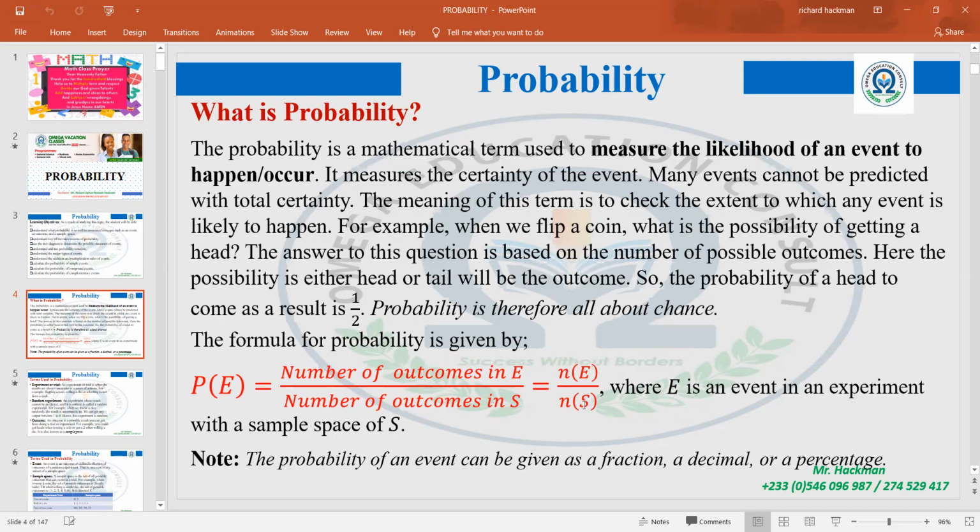S is the sample space. So you are told that E is an event in an experiment with a sample space of S. All the letters here are well defined.